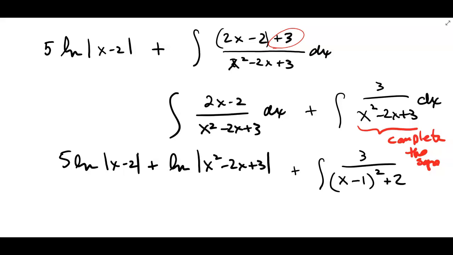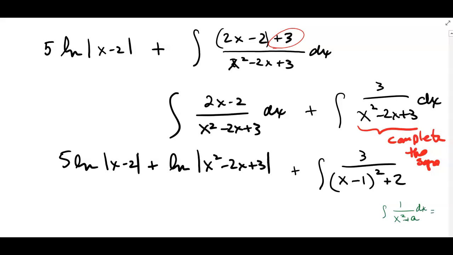So then it becomes just an inverse tan. It's utilizing the idea of the integral of 1 over x squared plus 1, or plus anything squared. We'll put this in A here.